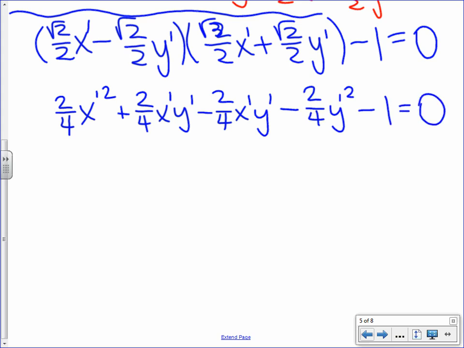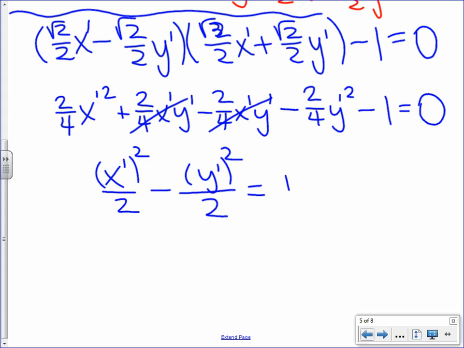Do our x prime y prime terms cancel out? Good, that means we did our algebra correctly. And we have 1/2 x prime squared minus 1/2 y prime squared equals 1. And our hyperbola is already in standard form, isn't it?